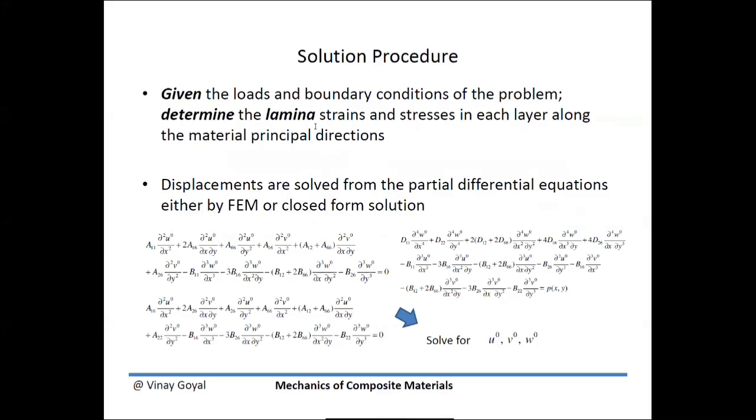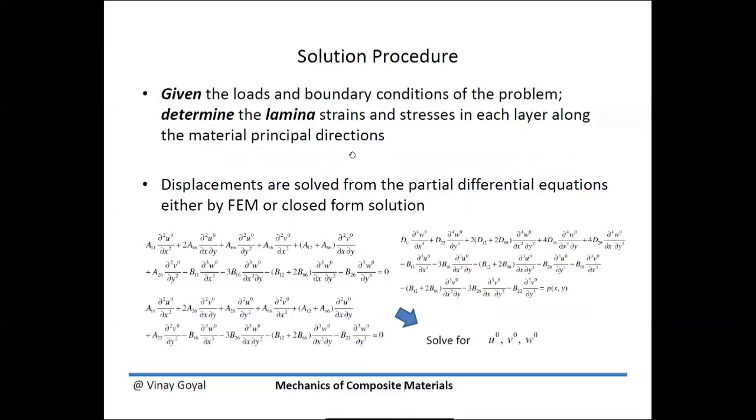And so, given the loads and boundary conditions of the problem, what we really want to do is determine whether the structure I design can survive the loading environment. And so what I want to be able to do is determine the laminar strains and stresses in each layer along the material principal directions, because it's along those directions I really have the strength information, the strain to failure information that we had discussed earlier.